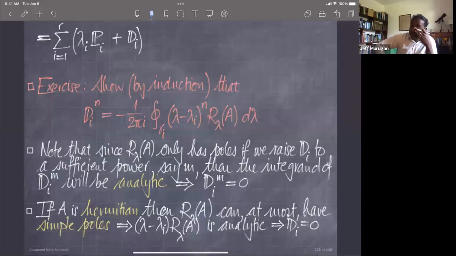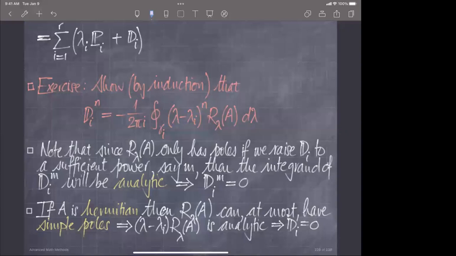That's right. So the di will remain. The point is that I can always kill off di. I have this object di, and squared, all that happens is that the lambda minus lambda I in the integrand gets squared. Cube it, same with the lambda minus lambda I. Okay, you with me? Yeah.